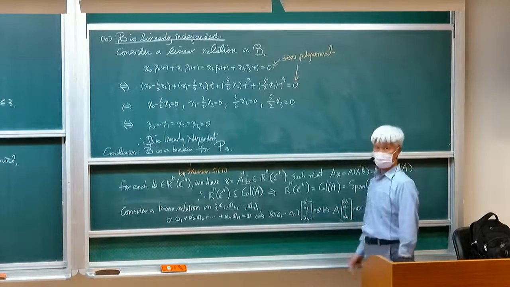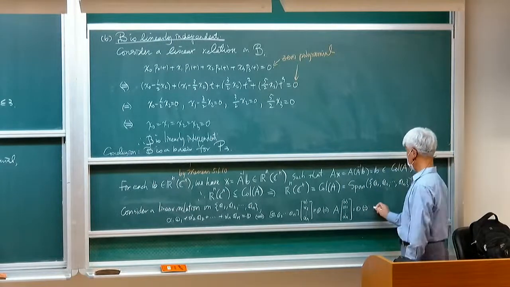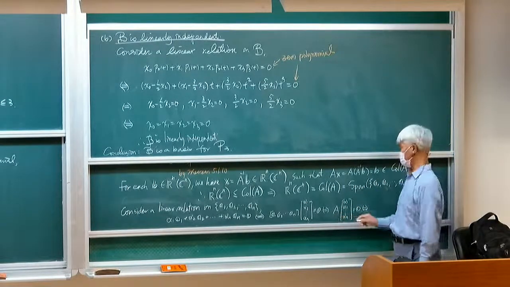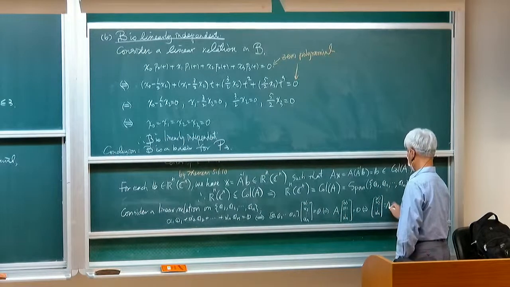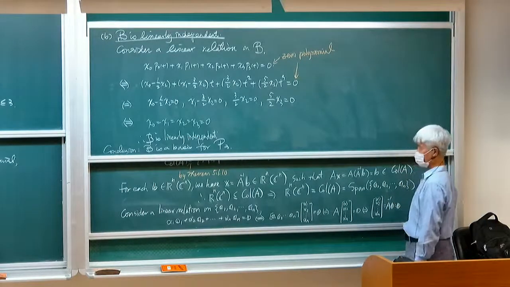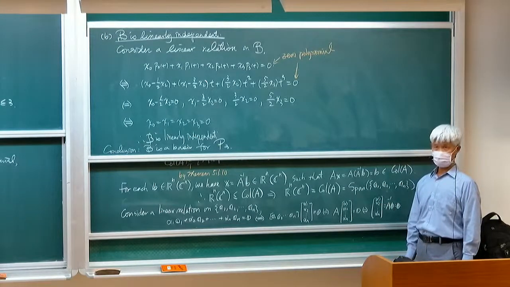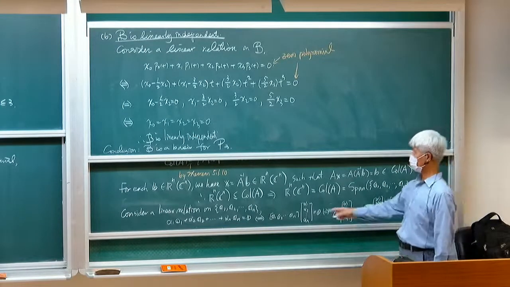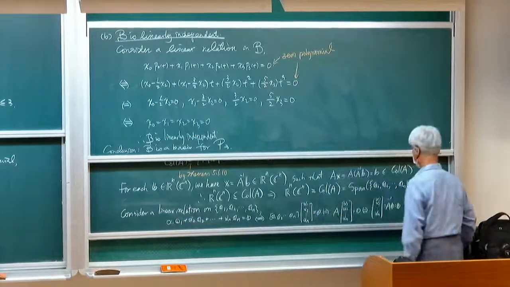So this is the matrix equation, and A is invertible, so that means the coefficient vector is indeed a zero vector, and so all the coefficients are zeros.